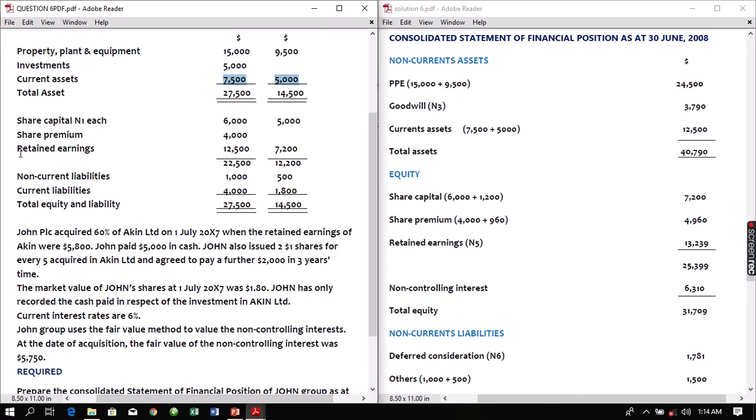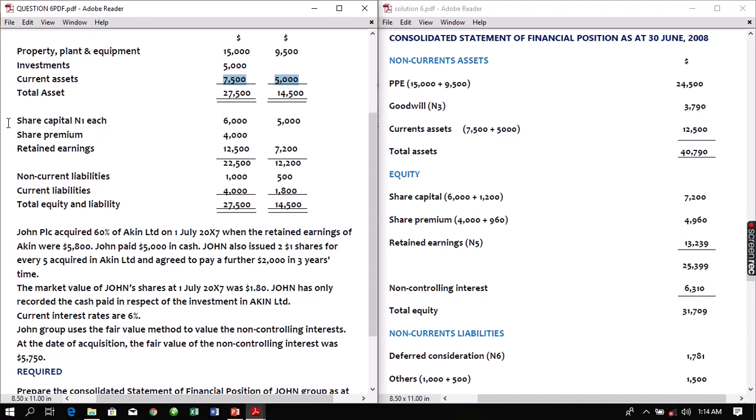I can then go to my equity aspect. I say this in every video: when you are consolidating, you don't consolidate the share capital of the subsidiary. The only thing that comes here is the share capital or the equity of the parent company alone. So the equity of the subsidiary won't be consolidated.